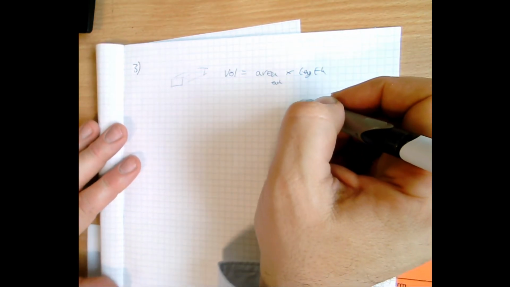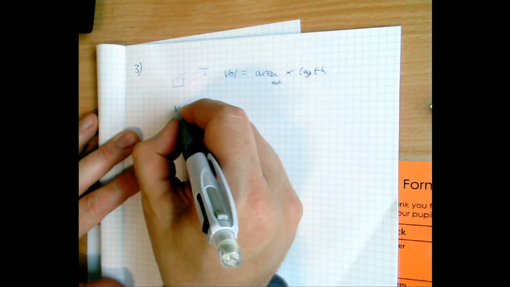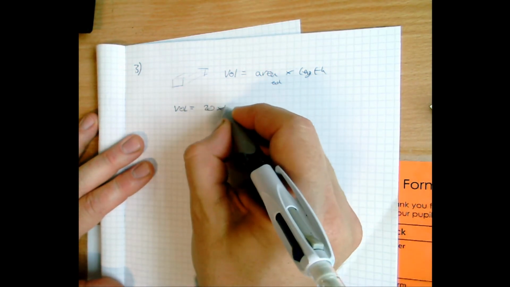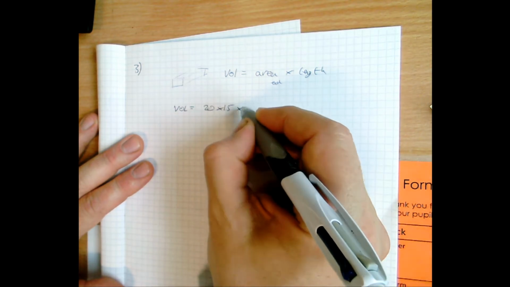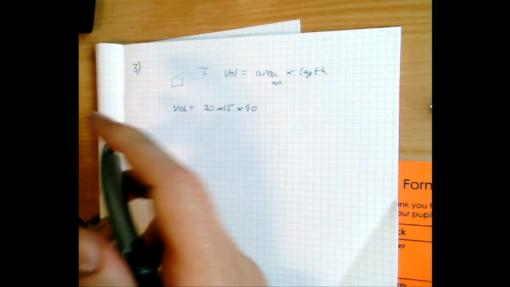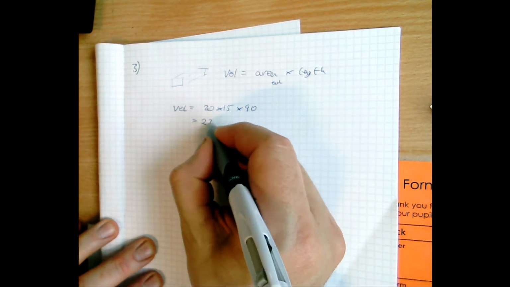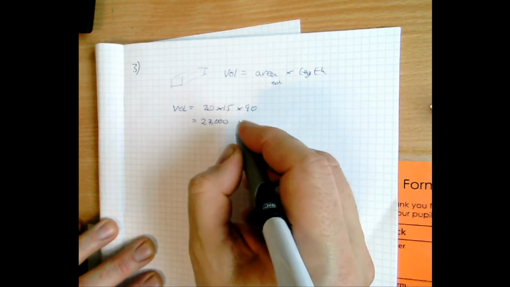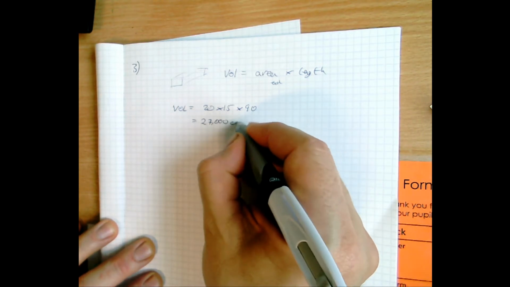So the whole block that's a cuboid, area of one end, 20 times by 15, multiply that by the length, 27,000. It's centimetres, so it's centimetres cubed.